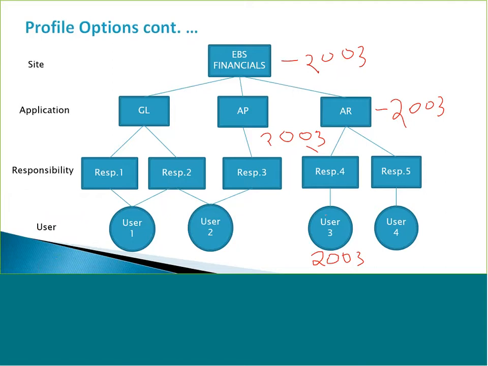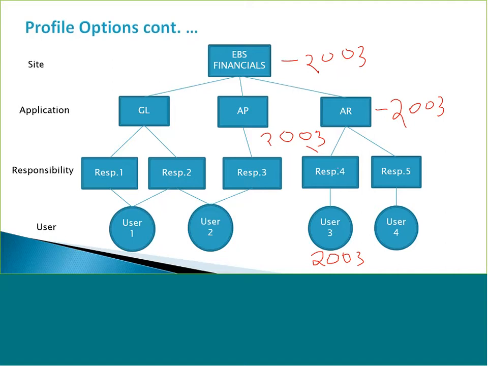So, I'm trying to think of a way to explain. Anyway, that is the way that Oracle checks the level at which the profile options have been defined. It first checks at the user level whether anything has been defined. If nothing has been defined, it goes to the responsibility level.